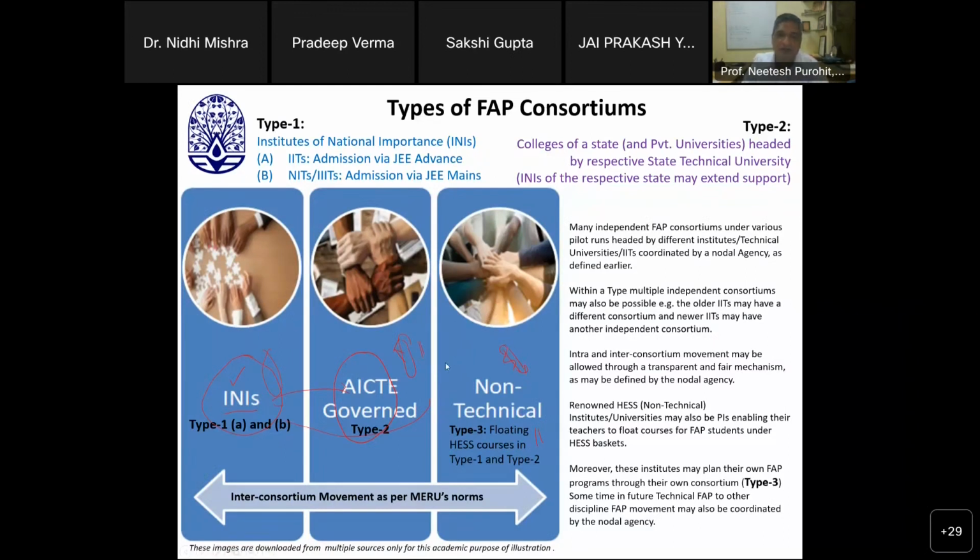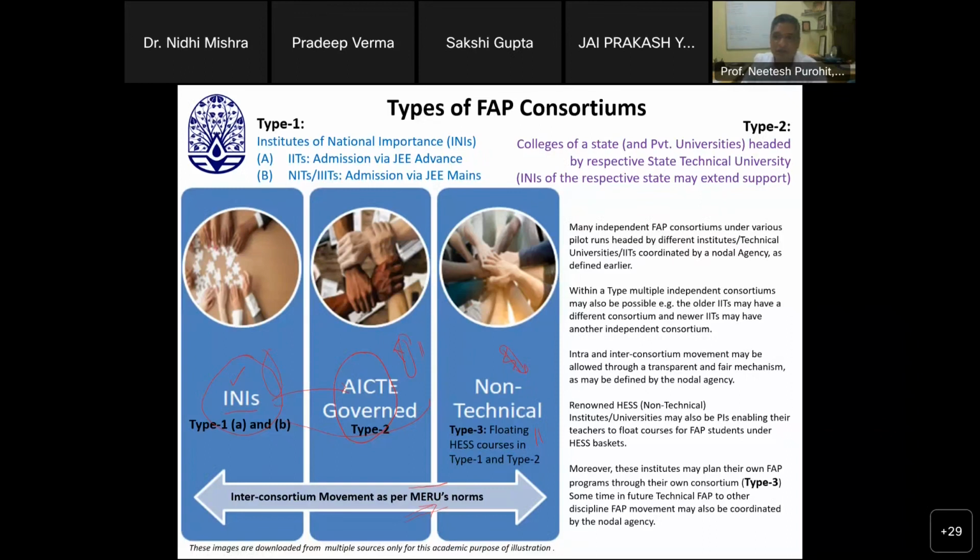So when we say that we are planning to do all this, it is something which is not possible without a coordinating agency. And this is also something which has been spelled out in the national education policy itself. It is the multidisciplinary educational research universities. What this should be has been properly explained in it.